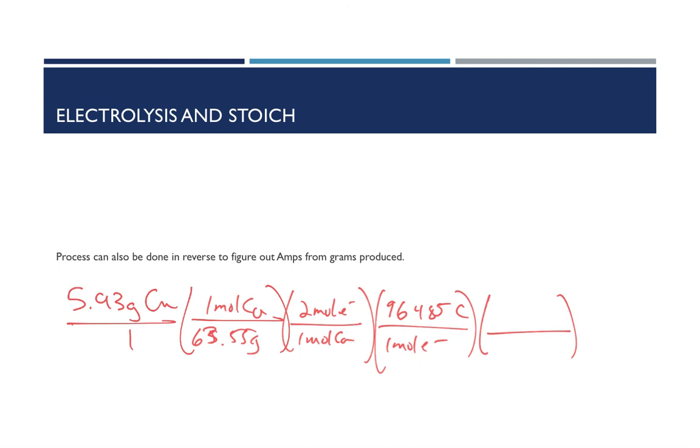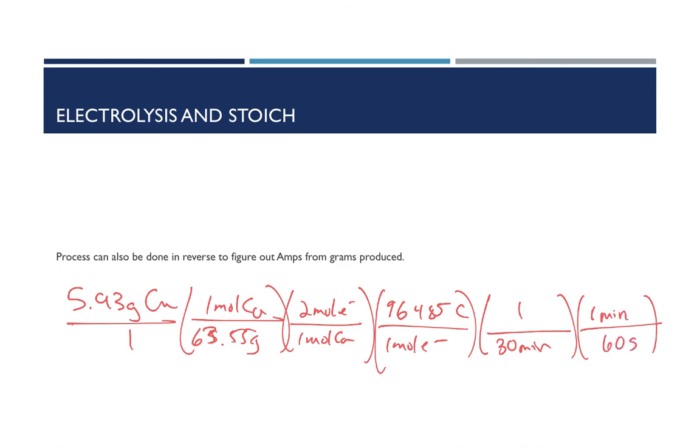Well, from our previous problem, we know that the time that happened was 30 minutes. Okay, and so we could divide this by 30 minutes, and then we know that amps is in coulombs per second, so we would go 1 minute equals 60 seconds.